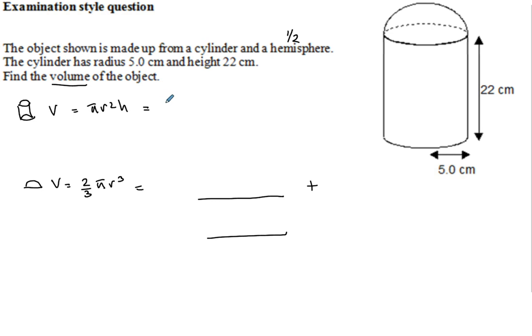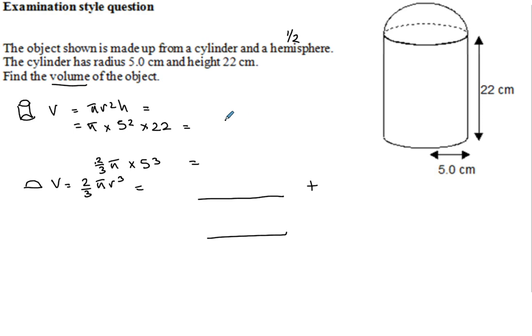Magically. Okay, so here you've got pi times radius 5 squared and height 22. And here, sorry, I haven't left much space there, I'll put it just here. So you've got 2/3 pi times 5 cubed.